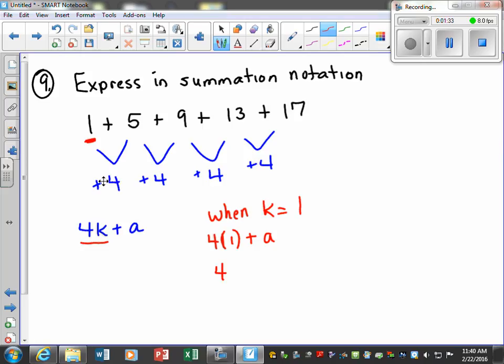So we'll have 4 plus a is equal to 1. Our first term is equal to 1 right there. Okay, so a is going to be what? Let's subtract 4 from each side. So a is equal to -3.